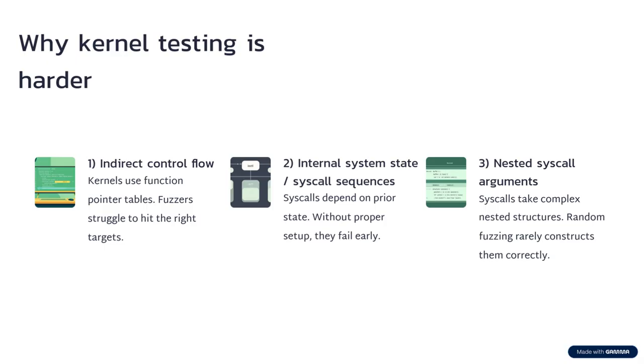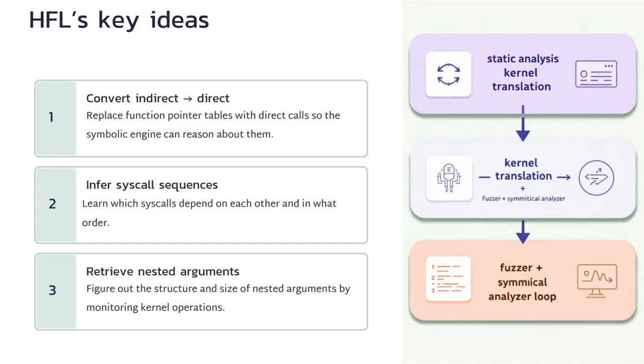Okay, so now we're going to walk through some of HFL's key ideas. Let's walk through this architecture diagram. At the top, you can see the static analysis and kernel translation. Before fuzzing begins, HFL rewrites the kernel code.